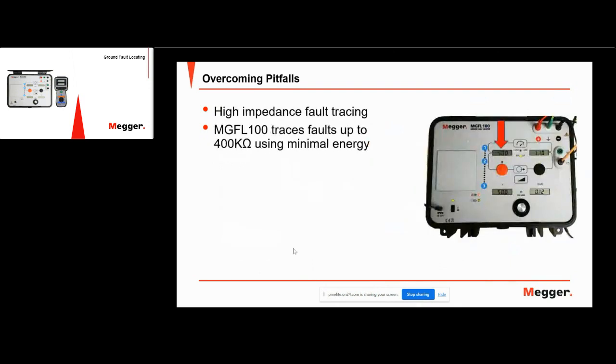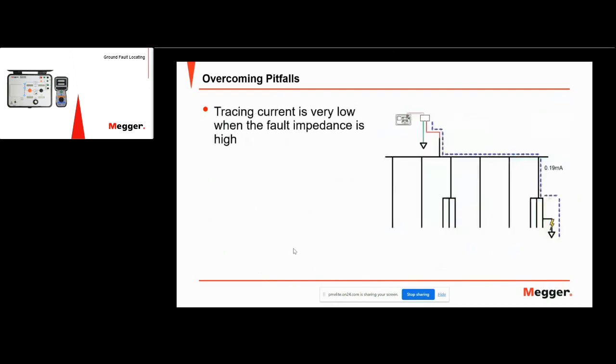Now, as I said before, with faults, you can get high impedance faults on these systems. Now, a low impedance fault, 50 ohms or less, that's going to be relatively simple to trace. But a high impedance fault, when you start getting up into the hundreds of K, then what happens is that you're going to be tracing with very minimal energy.